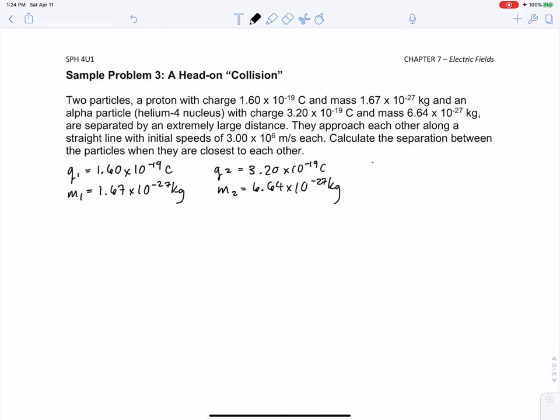We know that the initial speed of Q1 is equal to the initial speed of Q2, and that's 3 times 10 to the power of 6 meters per second.